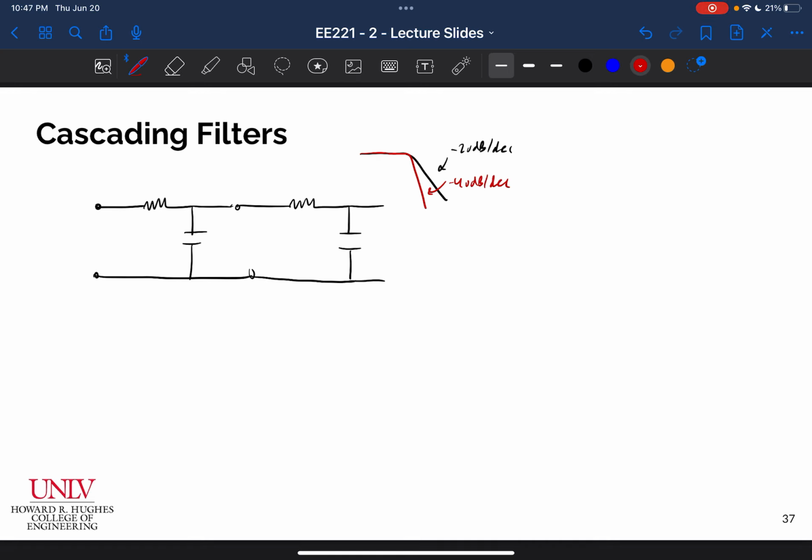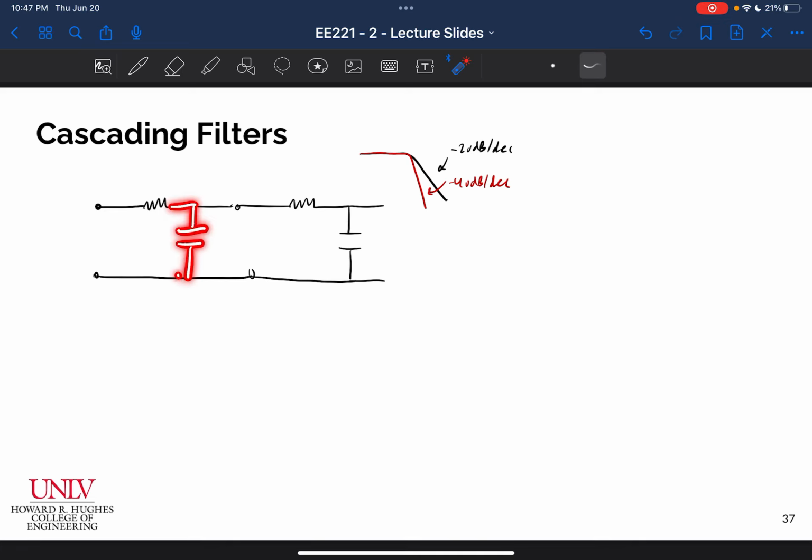However, that doesn't exactly work with passive filters, because the passive filter itself depends on the two component values. If I have an impedance here of a value R, and an impedance here of 1 over j omega C, then I do get this initial 20 dB per decade drop off. But if I now take my original filter and analyze it with not only this capacitor, but another resistor and another capacitor, now I have to factor this resistor and capacitor into the impedance of this capacitor, because from the perspective of this resistor, it doesn't know what's over here.